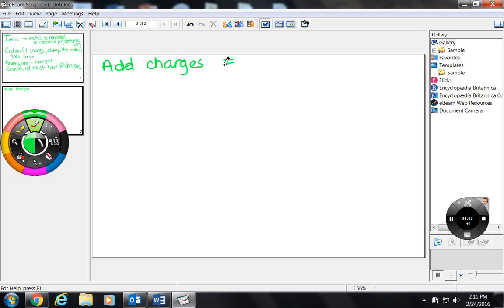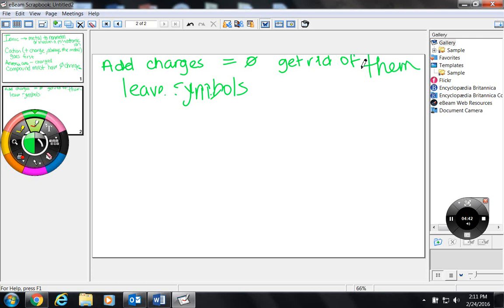If they equal zero, I get rid of the charges and leave the symbols.